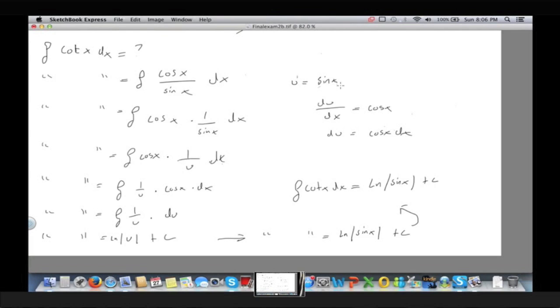We made u equals sine of x. The derivative of sine of x is cosine of x, so du equals cosine of x times dx. We rewrote that, so it was 1 over u times this. Subbing in u, the antiderivative of 1 over u is natural log of the absolute value of u plus c. Subbing u back in, natural log of the absolute value of sine of x plus c.